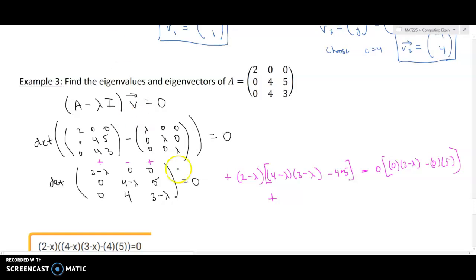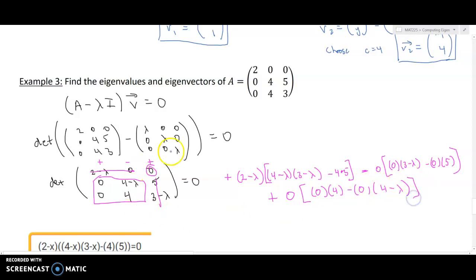To find the determinant of that, I'm going to have 0, cross out that row, cross out that column, so plus is the sign, 0 times bracket the determinant of what's inside of here, which will be 0 times 4 minus 0 times 4 minus lambda, and you can see that that's also going to be 0.